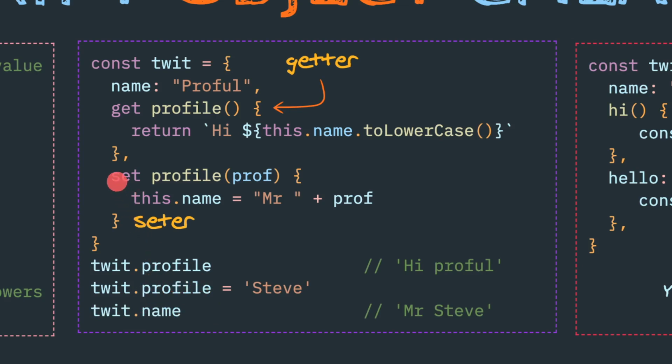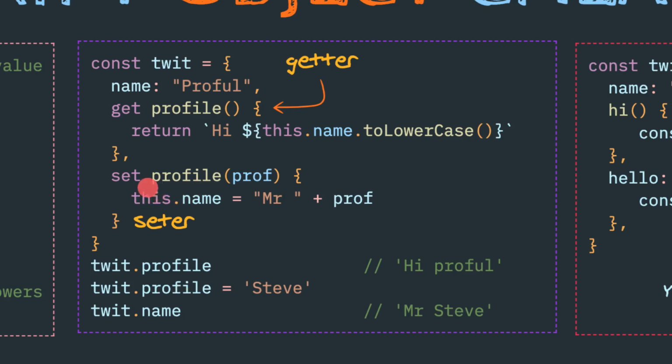This leads to very interesting use cases, so that we need not expose this name if we don't want to. We can create validation rules over here, hide the implementation detail or some object property that we don't want to expose. So we can mask it and do some interesting stuff.